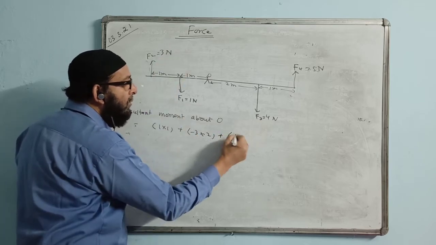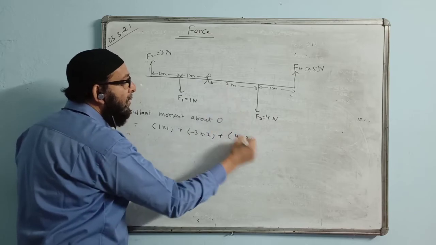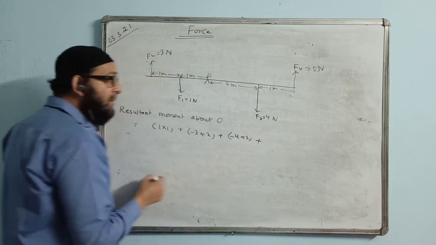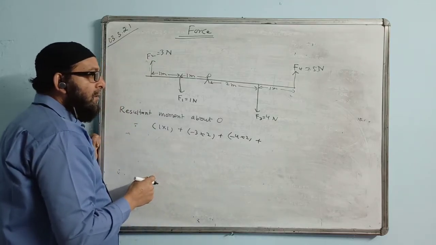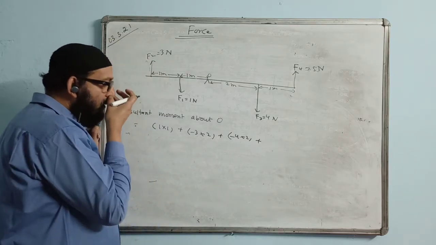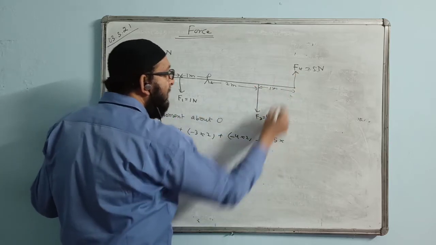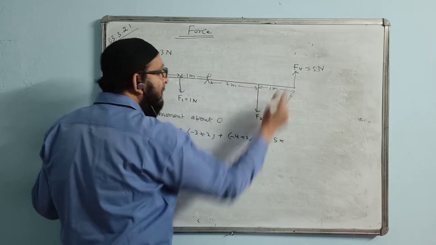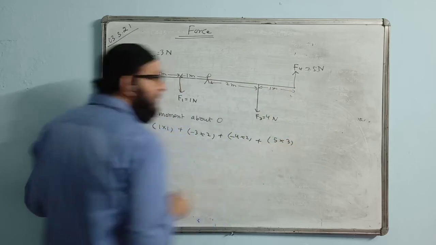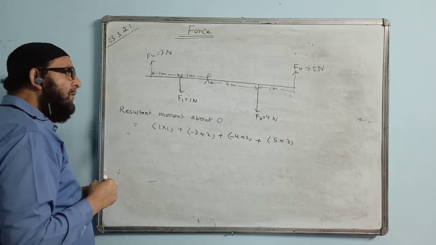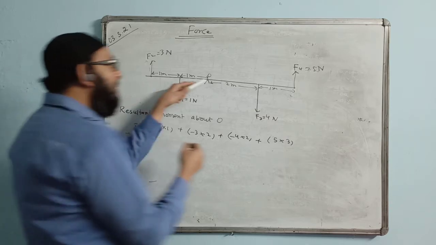Plus this is 4 into the distance is 2. Clockwise, minus sign. Now this F4, 5 into the distance will come in how much? 2 plus 1, 3. Plus or minus? F4 will be rotating about this point in what direction?